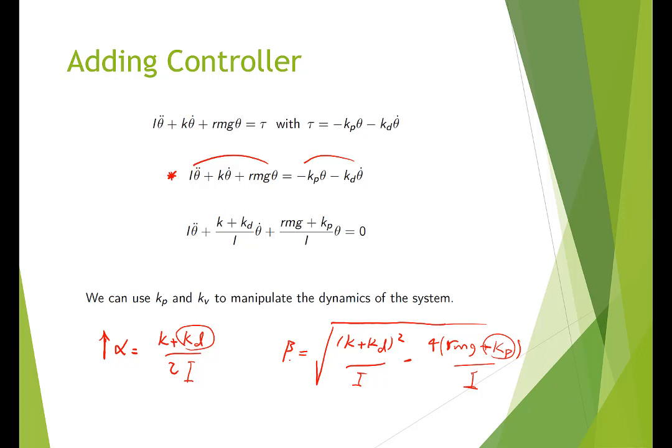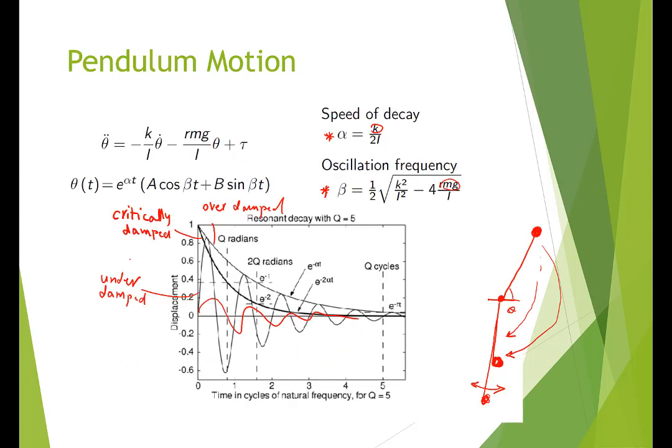That's what the controller is doing. It's forcing the pendulum to behave in a way that we want. By playing with this KD and KP, we can force the solution to be something that we want. For instance, go directly to low underdamped with low oscillation, or even make it critically damped.